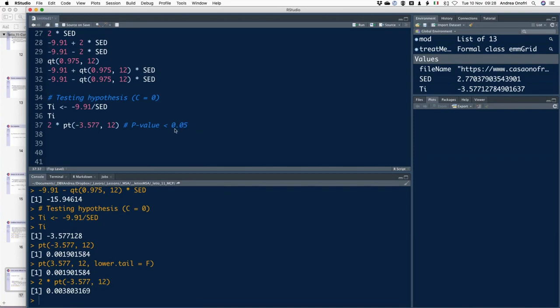So the p-value is lower than 5%, and therefore we simply reject the null, and conclude that very likely the contrast is different from 0.